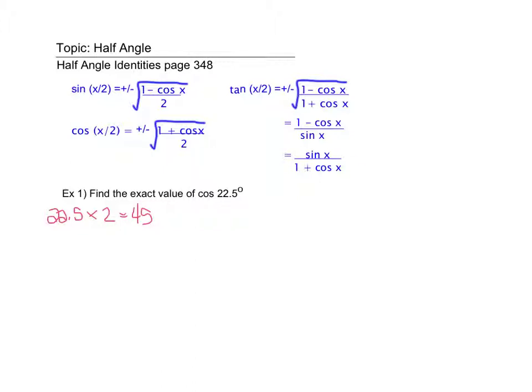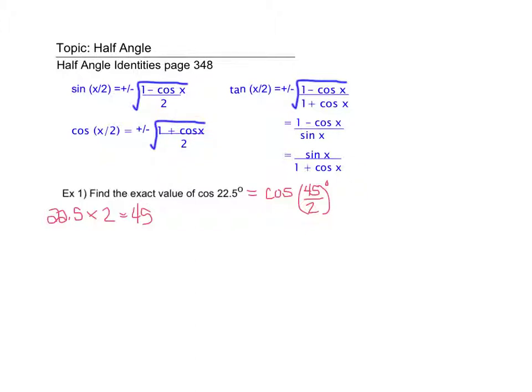So I can say cosine of 22.5 degrees is the same thing as cosine of 45 over 2 degrees. And now I can go ahead and plug that into this formula here, and that's going to allow me to use cosine of 45, which I can just find in the unit circle.